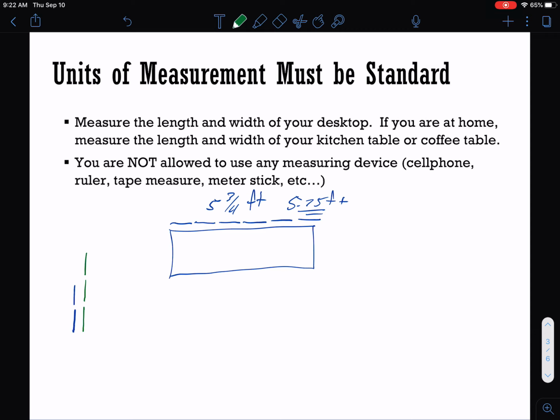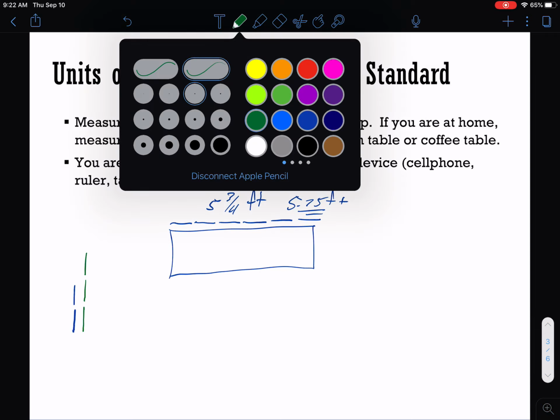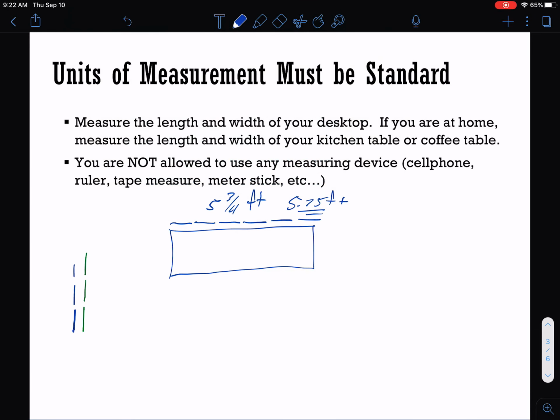By the third one, it's even more noticeable. Now, these aren't perfectly lined up, and I do understand that. But you're getting the idea of where they'll become a little different and a little different over time. And if you did this over long distances, this could really screw someone up. And that's why measurements must be standard. And that's why it's so important for a measurement to be standard.